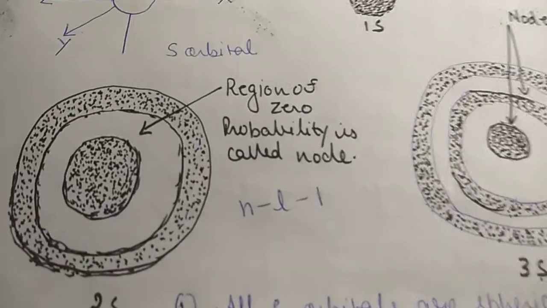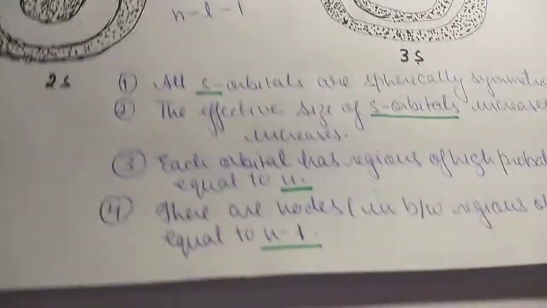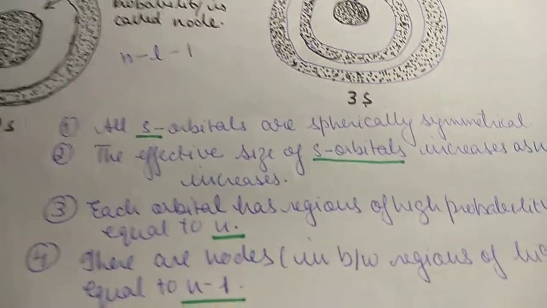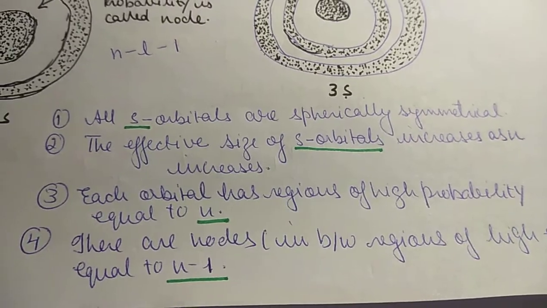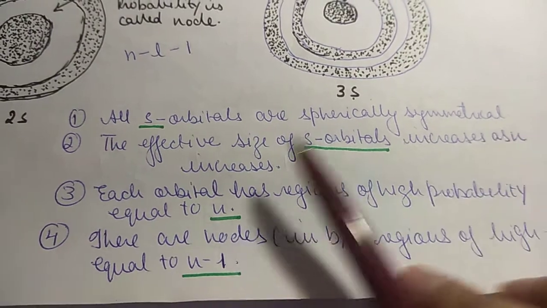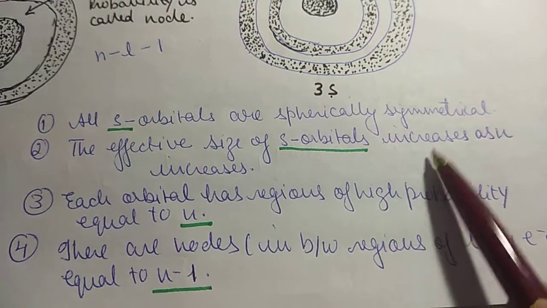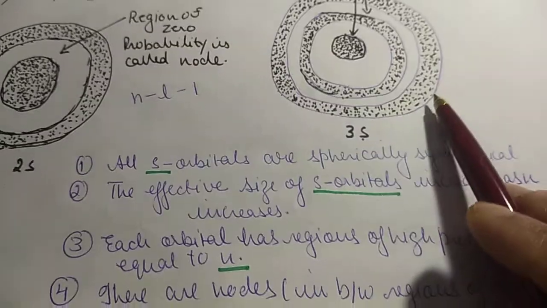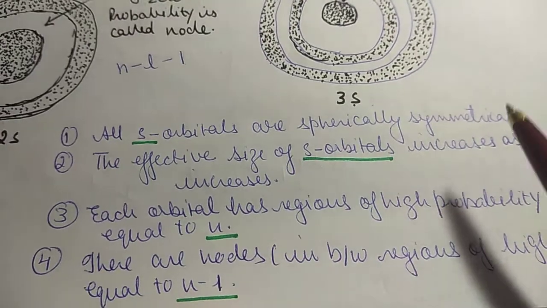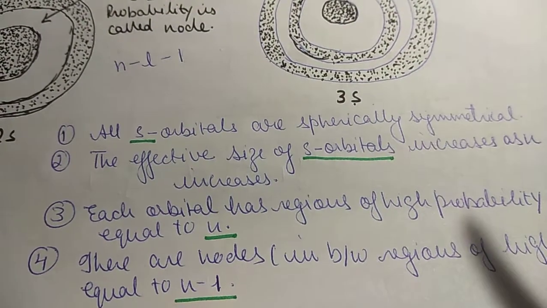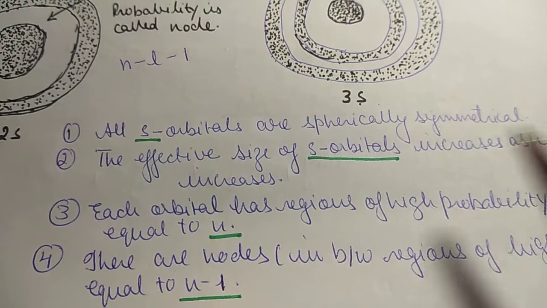So what are the characteristics of s orbitals? s orbitals are spherically symmetrical. The effective size of s orbital increases as n increases. n is number of shell or the principal quantum number. Obviously, as the value of n increases, number of shells will increase, so its size will increase.